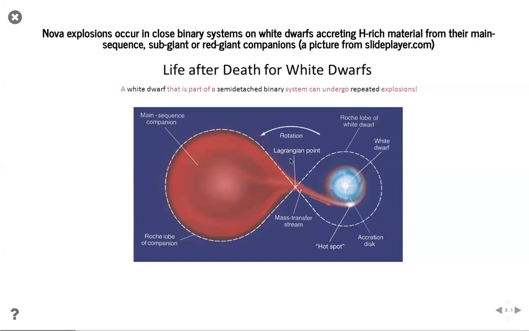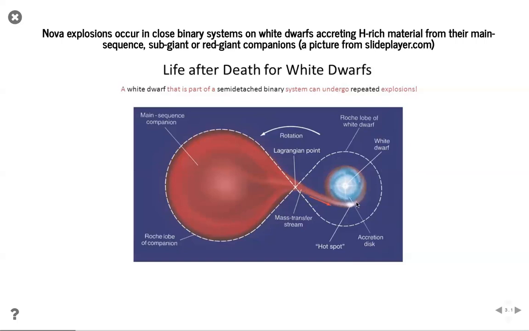It escapes through this inner Lagrangian point here, where the sum of gravitational force and centrifugal force is actually zero. So material escapes this star from the inner Lagrangian point, and it finds itself in the Roche lobe of the white dwarf. This is the Roche lobe of the white dwarf. This is the Roche lobe of the companion.